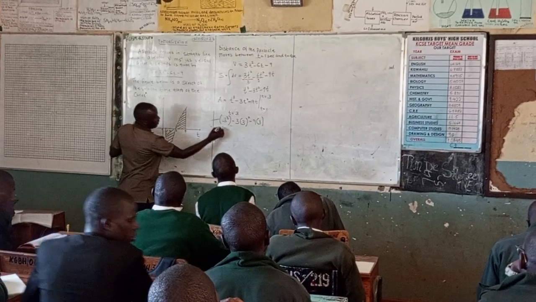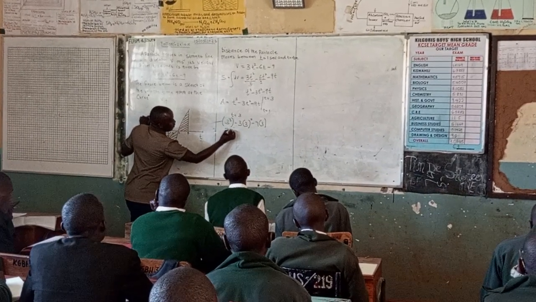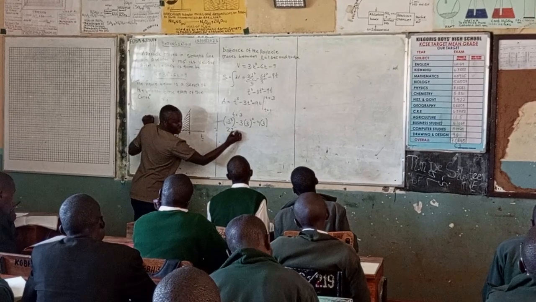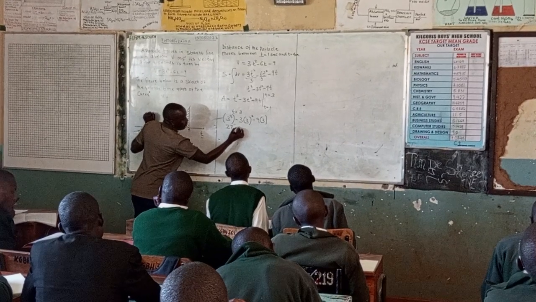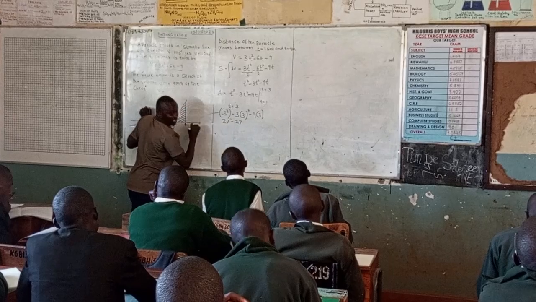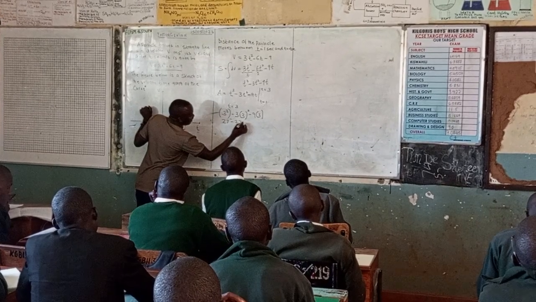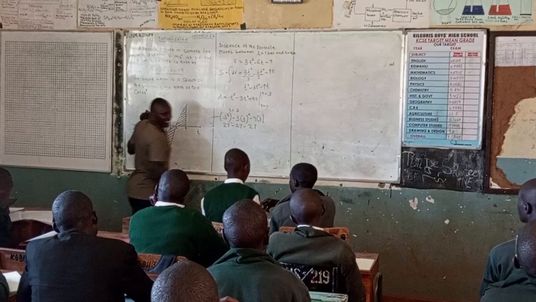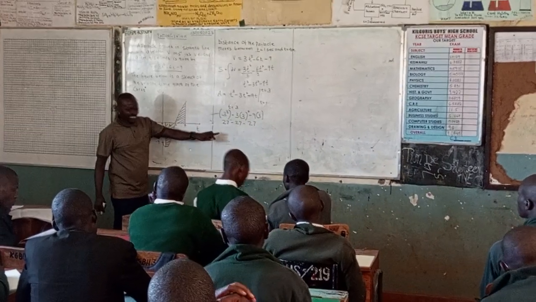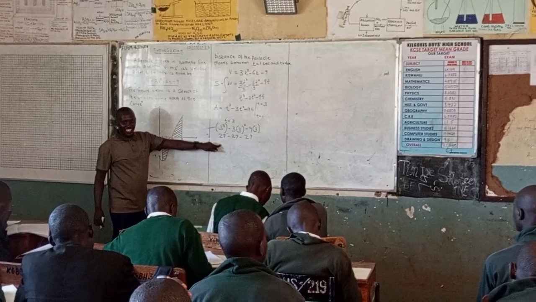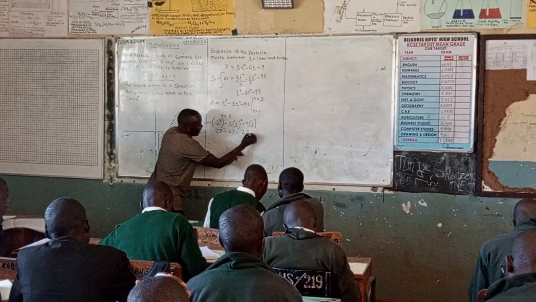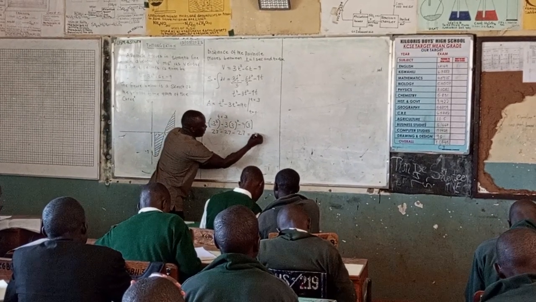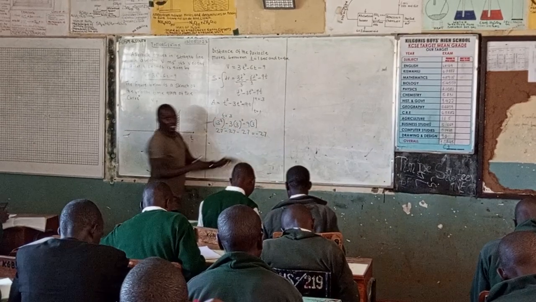So this gives us 27 minus 27 minus 27. Now what is the answer? The answer is negative 27.